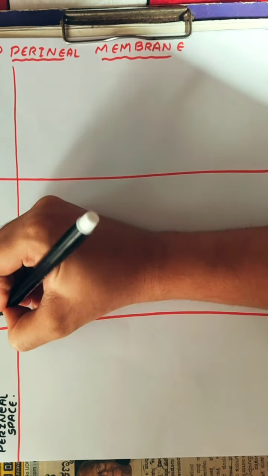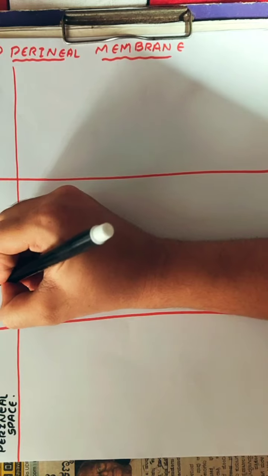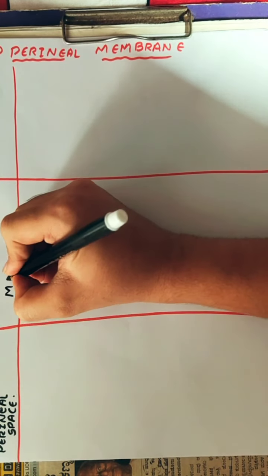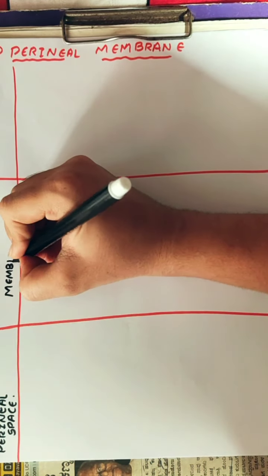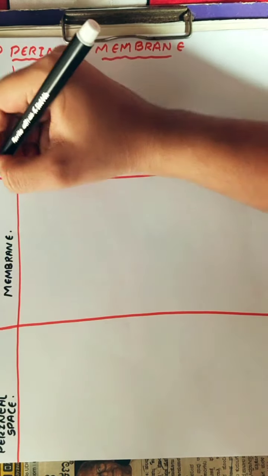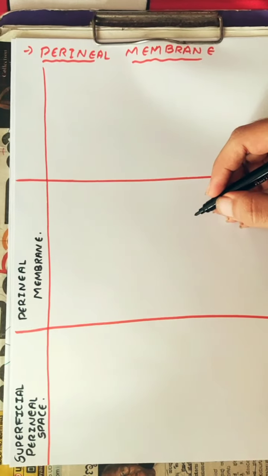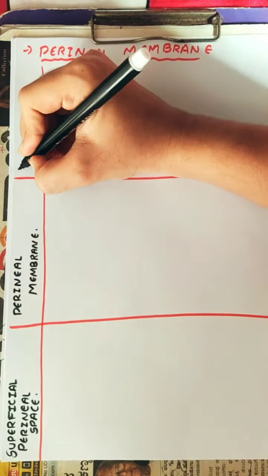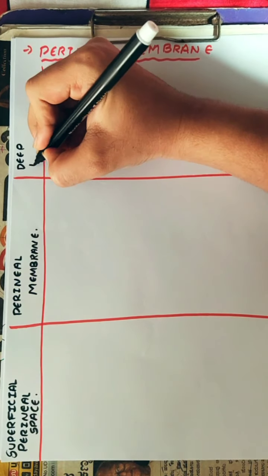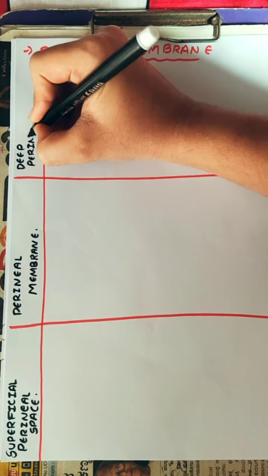After that there comes perineal membrane, and then comes the deep perineal space.